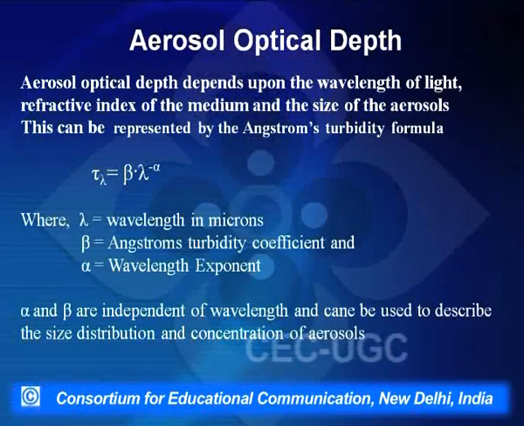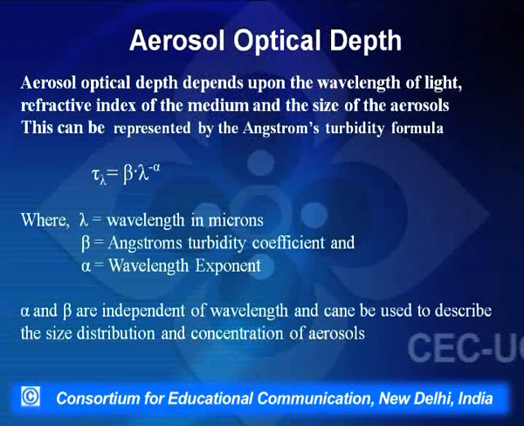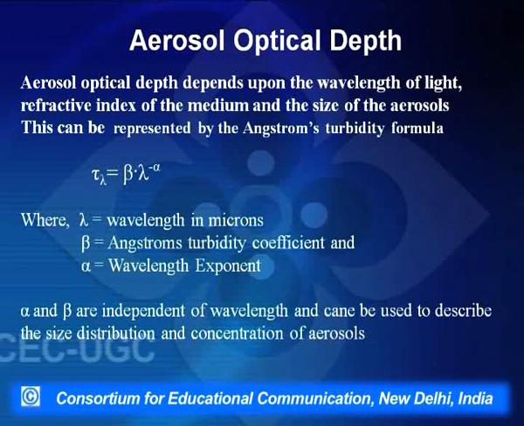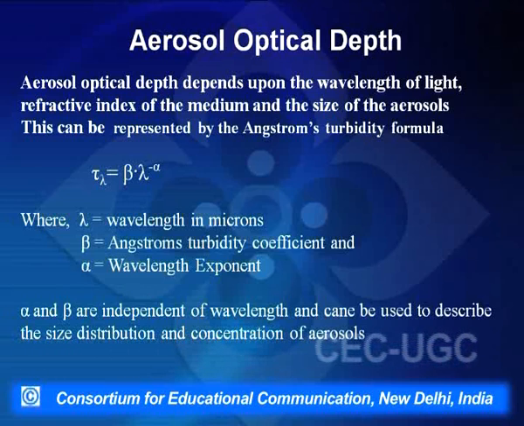Now, to overcome this problem, a novel method was invented, and that was basically termed the Angstrom turbidity formula. Here it is tau lambda is equal to beta multiplied by lambda to the power minus alpha, where lambda is the wavelength in microns of that particular wavelength of interest, beta is known as Angstrom's turbidity coefficient, while alpha is known as the wavelength exponent.